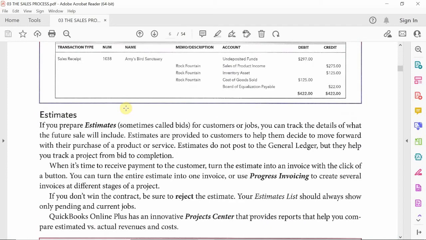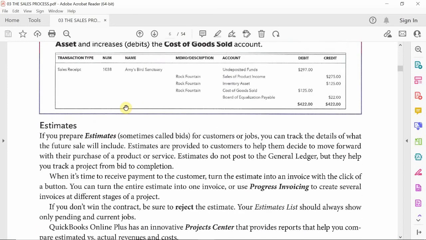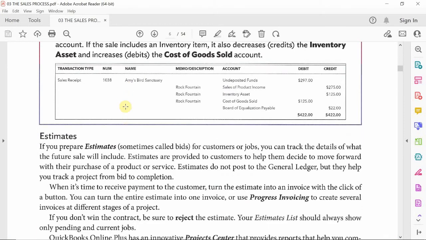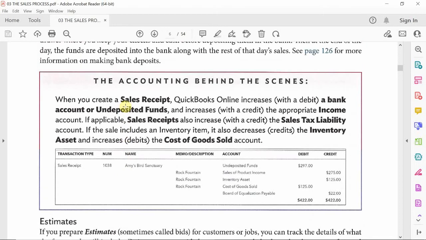Okay, so here's a brief introduction of what a sales receipt does. As soon as we activate that, a sales receipt is going to be us collecting money. And when we collect that money, we're going to eventually deposit that money into our bank account. Whereas invoices are directly correlated to our accounts receivable, because we are saying that our customer owes us money, which means we're creating an accounts receivable.